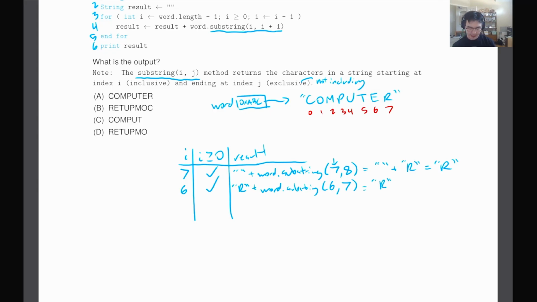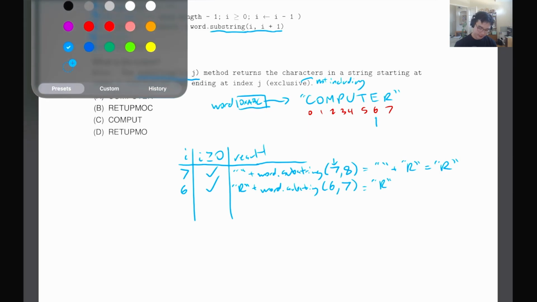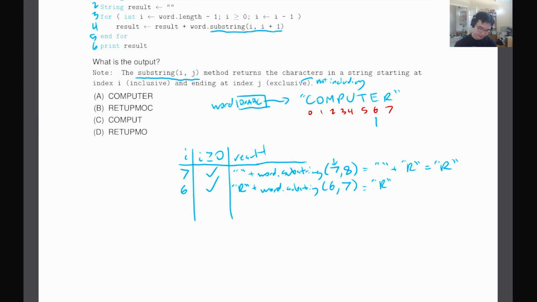And what is at index 6 going to 7, but not including 7? Well, that'd be this E, right? So we get RE. Okay.